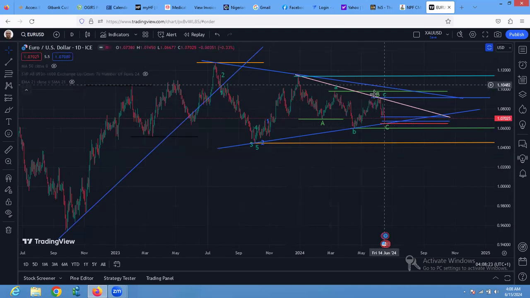So we need to break out of this blue wedge now. Once we begin to break out of here, then we are going up to take this upper edge of the triangle. So that's what I can see here.